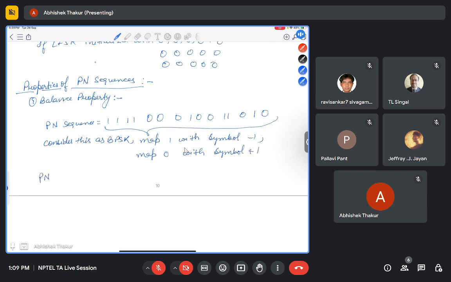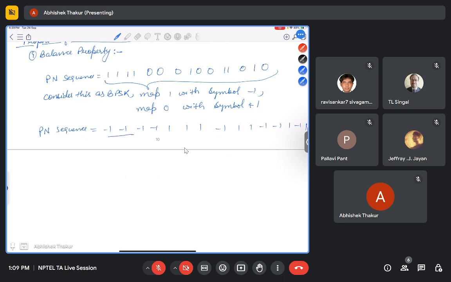So our new PN sequence will become minus 1 minus 1 minus 1 minus 1, 1 1 1, minus 1, 1 1, minus 1 minus 1, 1, minus 1, 1.